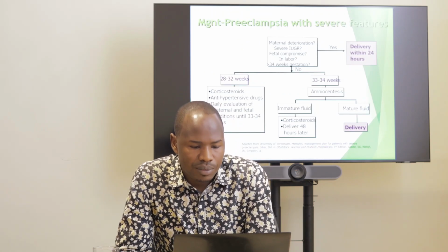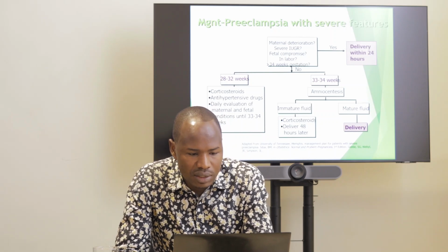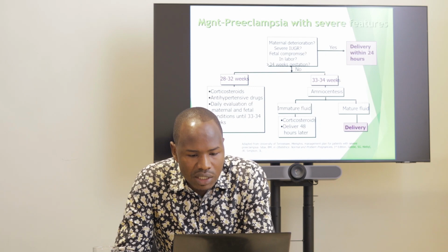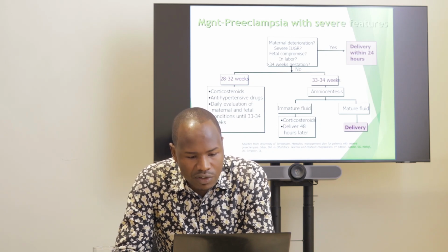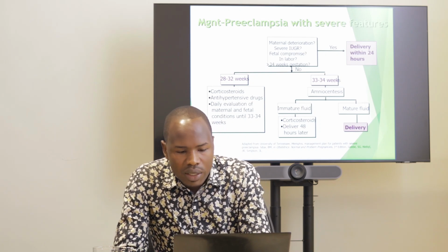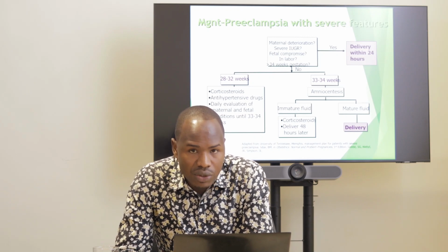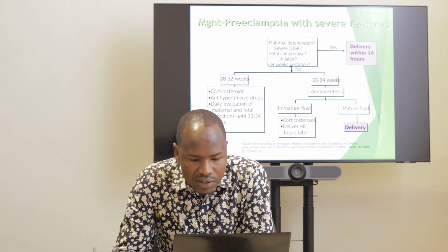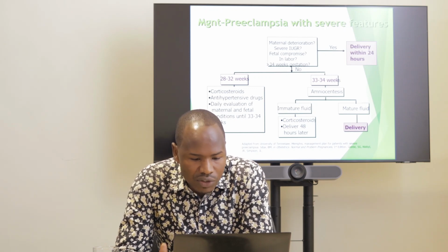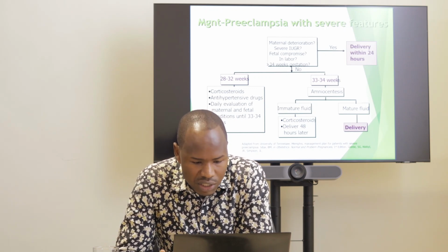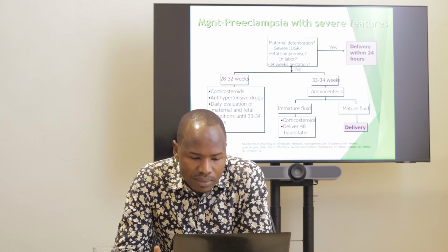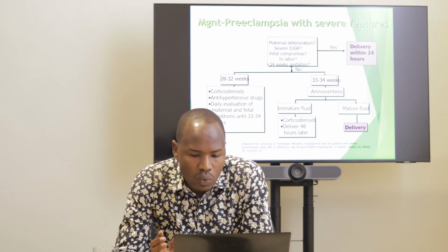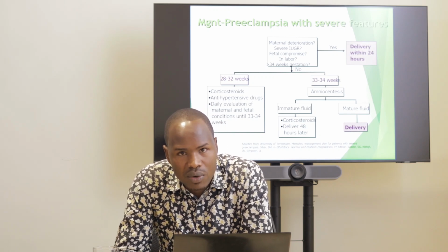This is the flow chart that is followed in management of preeclampsia with severe features. When there is maternal deterioration, as we are monitoring this client, or there is severe intrauterine growth restriction, fetal compromise, or she's in labor, when she is greater than 34 weeks of gestation, we have to deliver within 24 hours.